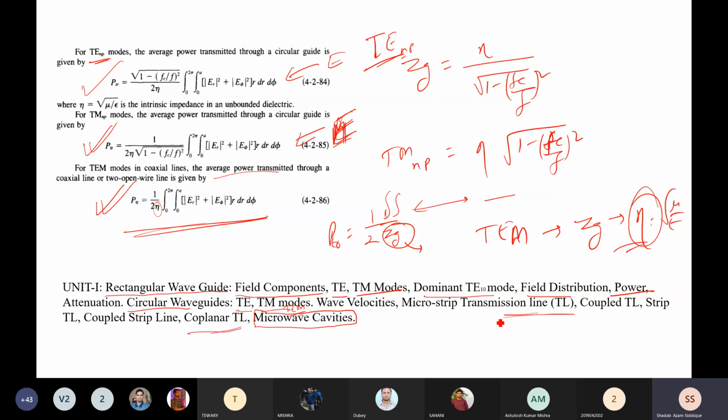All these transmission lines we will study in the class after next, after the microwave cavities are completed. Wave velocity, VG and VP, we have already discussed in the waveguide.